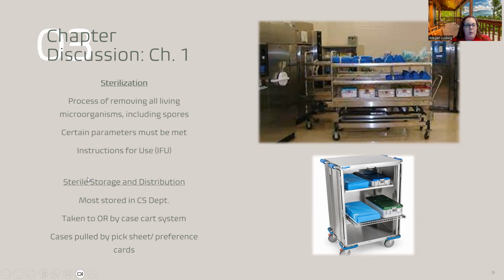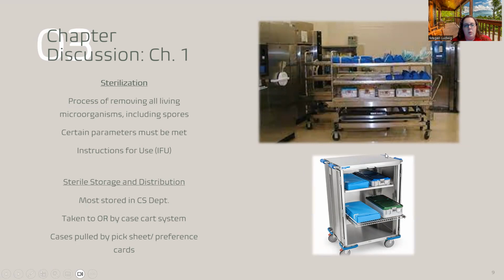So typically the sterile storage and distribution part is part of the sterile processing department. Part of this, you'll see this picture here, actually kind of both of them, is something called a case cart. So once the items have been sterilized, they usually go on a storage shelf, and for each case, they are going to be picked off the shelf for that particular surgery. The items needed for that surgery are then put on a case cart.